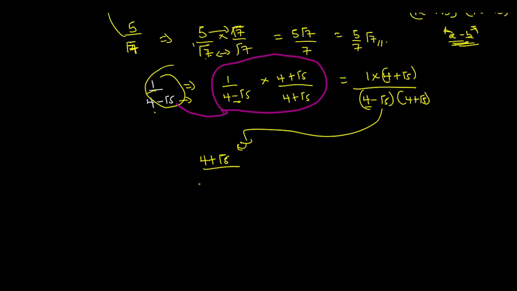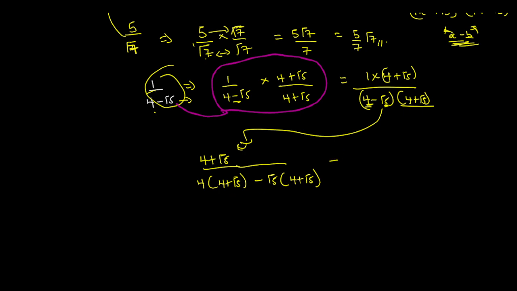And don't rush or else you get it wrong. So let's expand this. We take this 4, and then we multiply by the whole of this, 4 plus root of 5, and then minus, we take this one, root of 5, multiplying 4 plus root of 5.